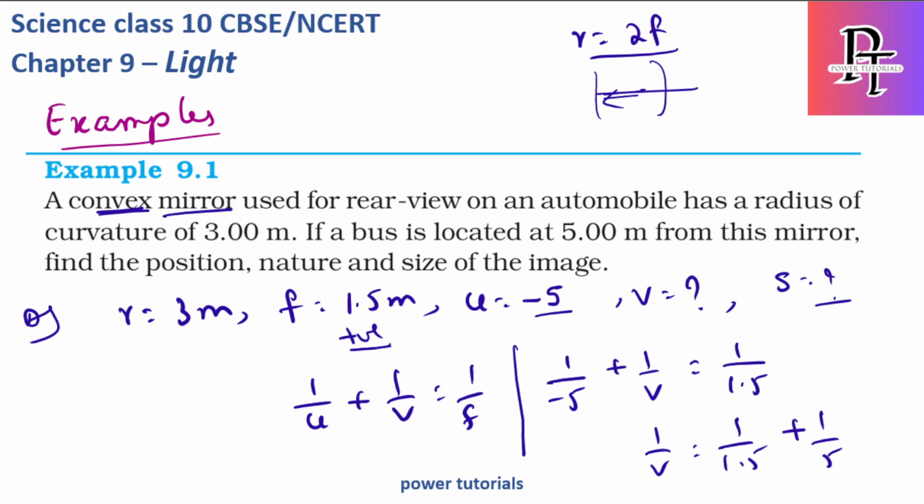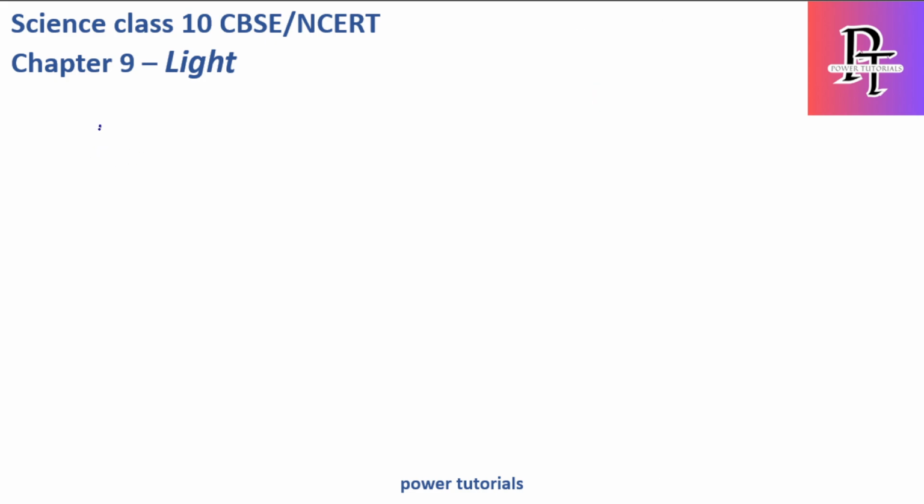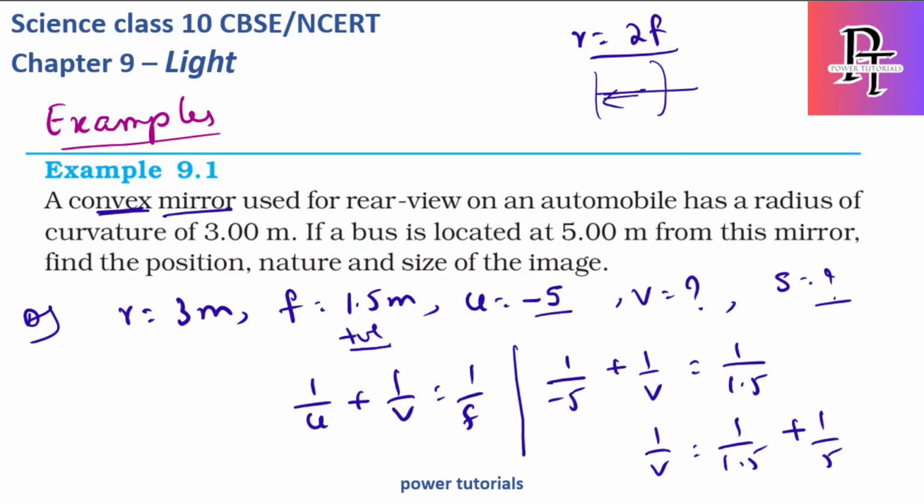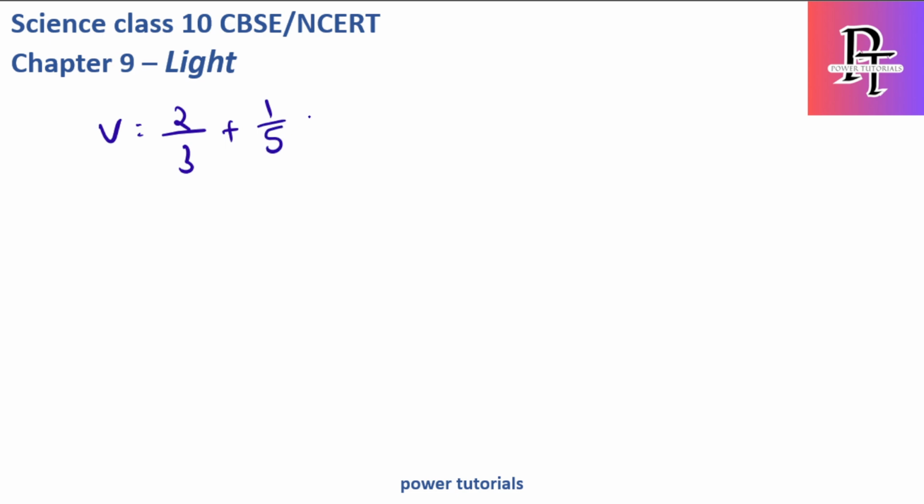I will write 1 by 1.5 as 3 by 2, so it becomes 2 by 3 plus 1 by 5. If I take LCM, this becomes 15, 5 2s are 10, 3 1s are 3. So it is 13 by 15.